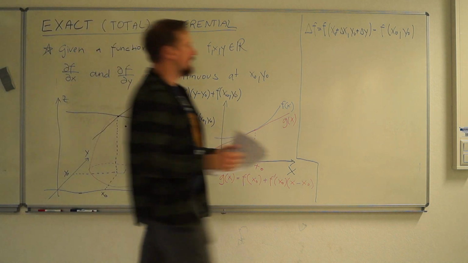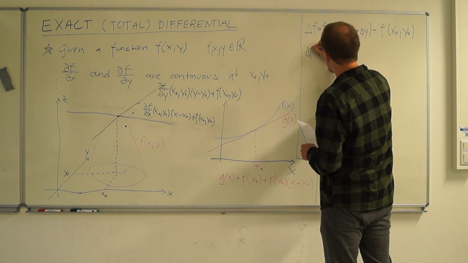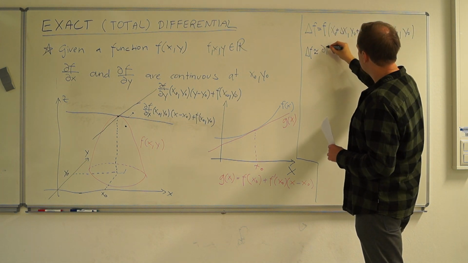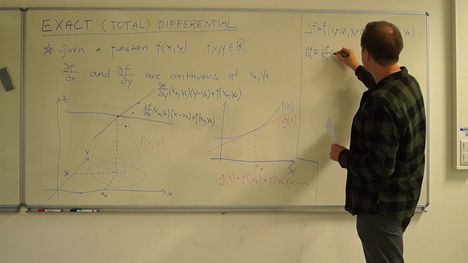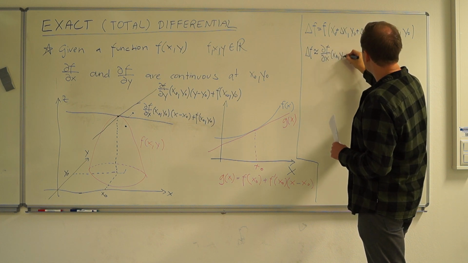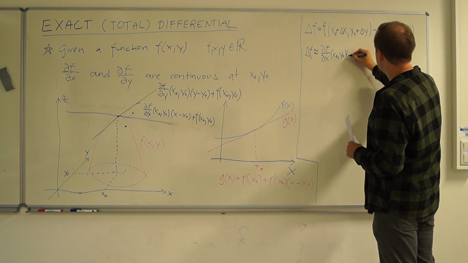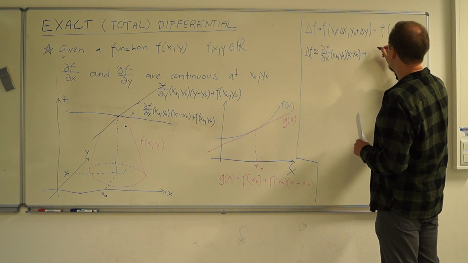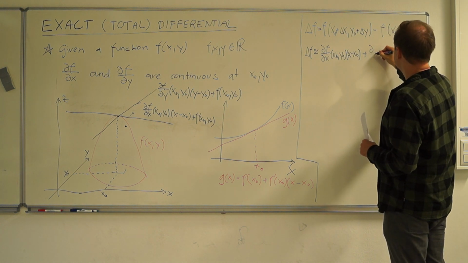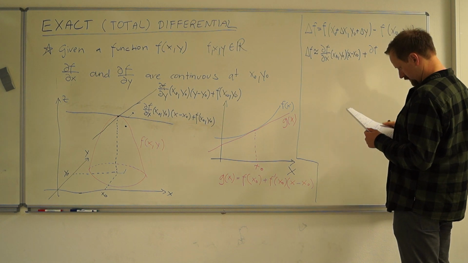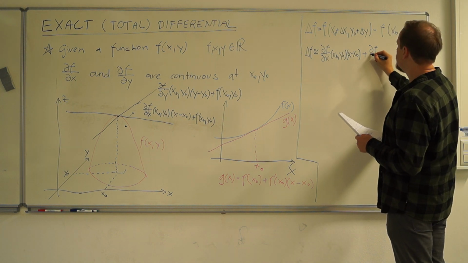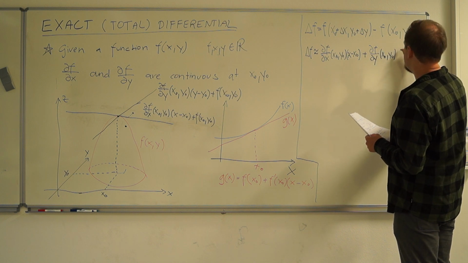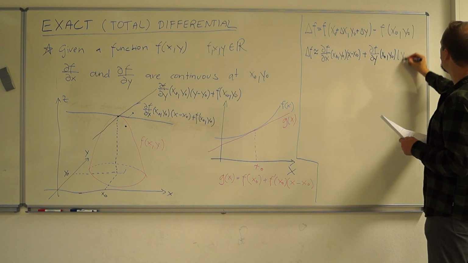So therefore I can write that delta f is approximately df over dx evaluated at x naught, y naught times x minus x naught plus df over dy evaluated at x naught, y naught times y minus y naught.